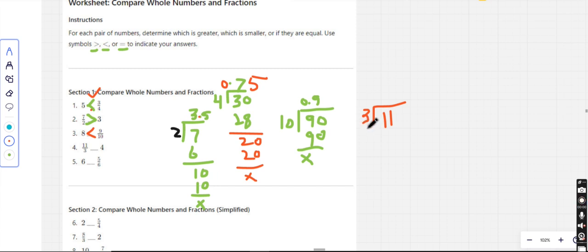So we check the nearest multiple of 3 less than 11. 3 times 1 is 3, 3 times 2 is 6, 3 times 3 is 9, 3 times 4 is 12. 12 is greater than 11, so we use 3 times 3, which is 9. 9 minus 11, we get how much? 2.